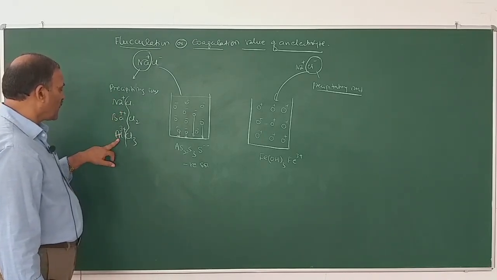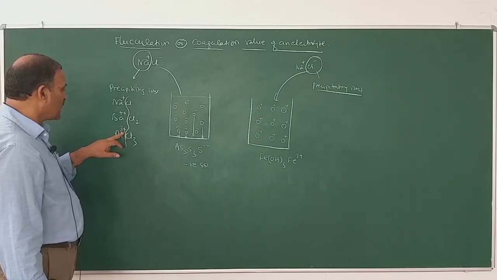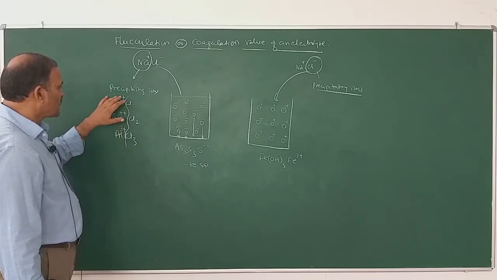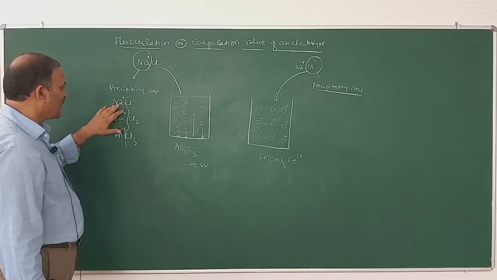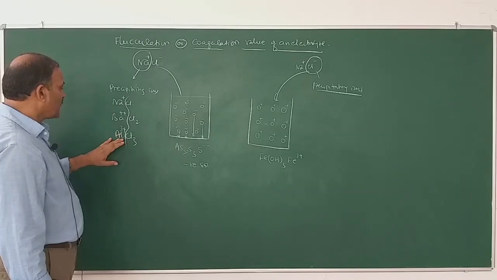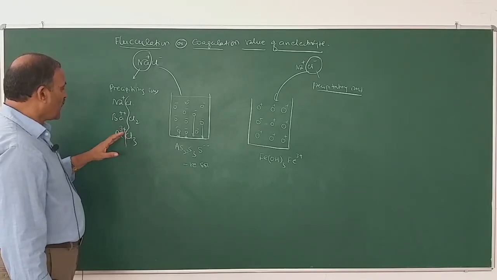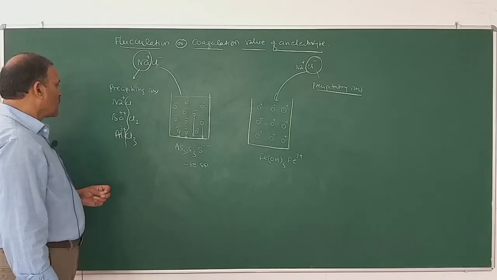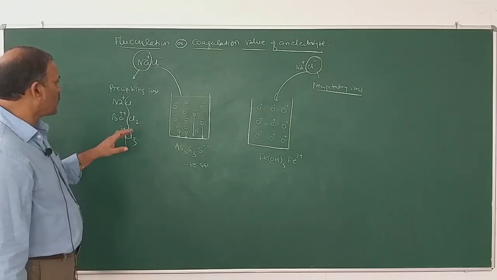The aluminum ion valency is +3, so its precipitating power is more. The sodium ion valency is +1, so its precipitating power is less. So this is the Hardy-Schulze rule.